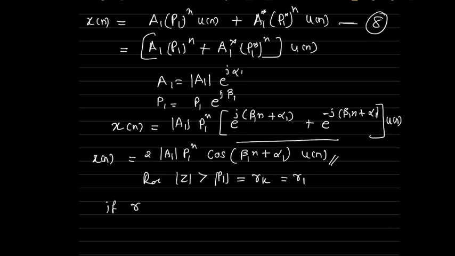So if Rk, here in generalized form I am writing, where K is the number of multiple complex poles, if Rk is greater than 1, then the signal is growing, an exponentially growing signal, like this.